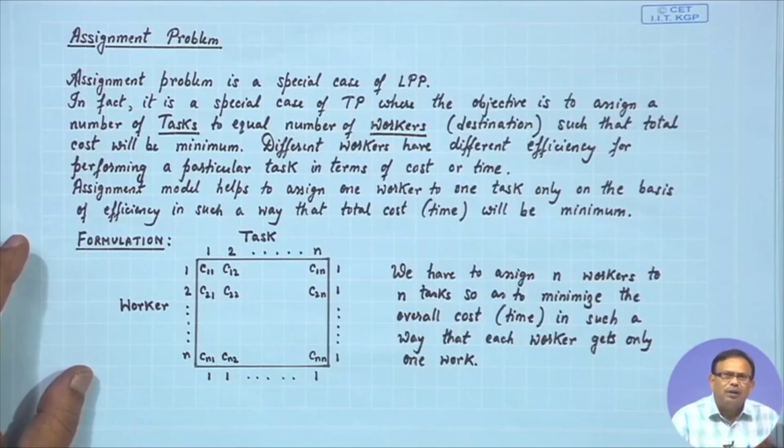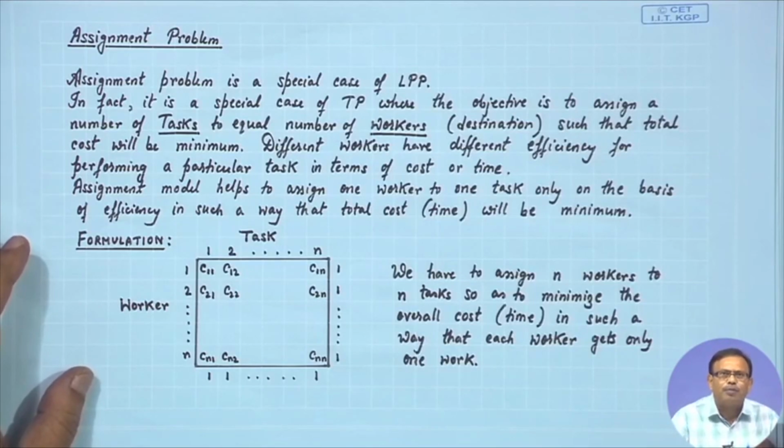Now, it occurs at various places. Different workers may have different efficiency for performing a particular task in terms of cost or money. That means one worker can do a job a little faster, or the wages given may vary from worker to worker.